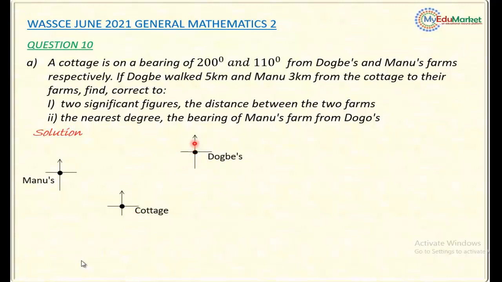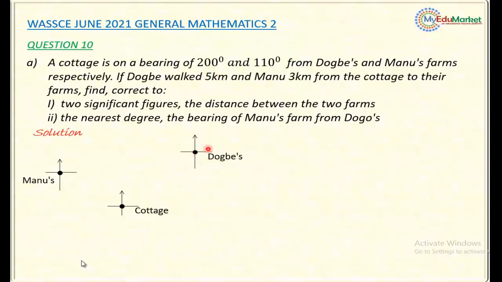Bearing is always measured from the north line, in a clockwise direction like this. So I take this angle 200 degrees from here, starting in a clockwise direction.